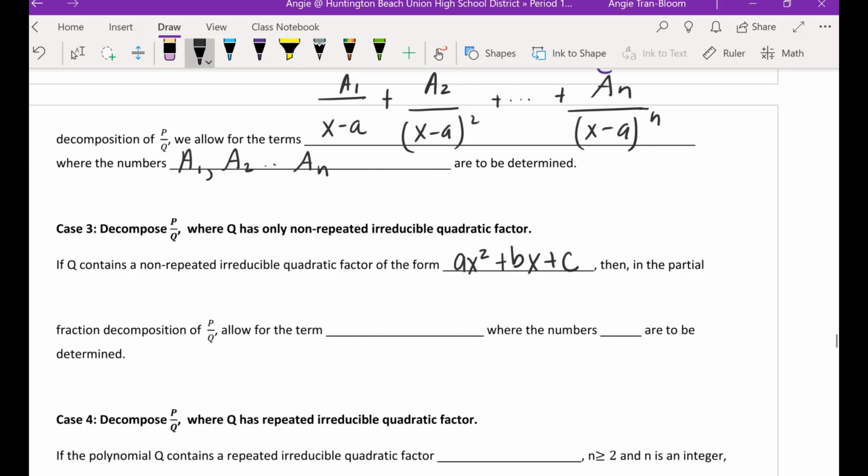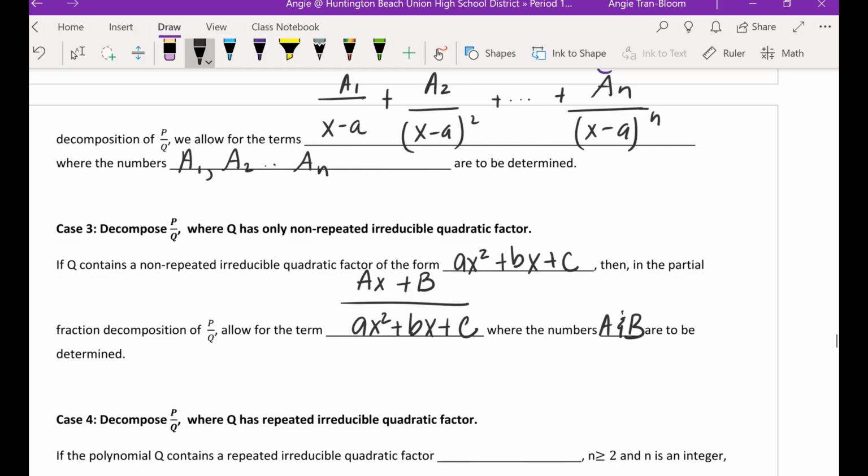Ready? For this one, I'm not using A1, A2, but I'm using A and B: (Ax plus B) divided by (ax squared plus bx plus c), where your A and B are to be determined by us.